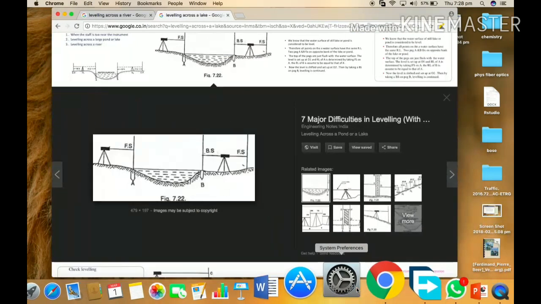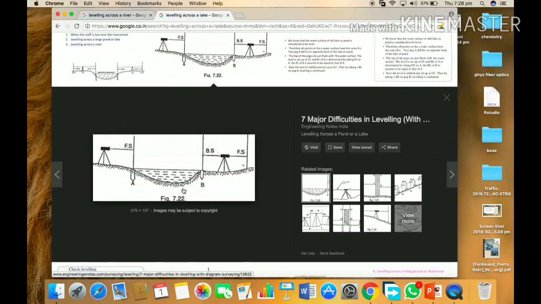So the first one is leveling across a lake. It is possible to go around the lake or pond, and hence leveling across it is not a big problem. If going around an obstacle is cumbersome, leveling across can be done by taking advantage of the water surface, which is a level surface when still.